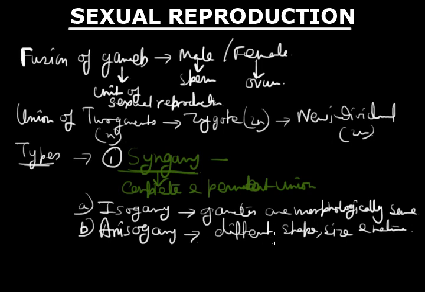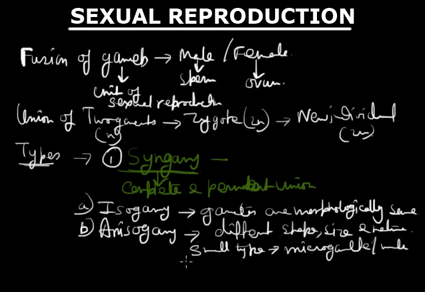The small one out of these two types of gametes, the small type, is known as microgamete, or this is the male gamete. This is active in nature.